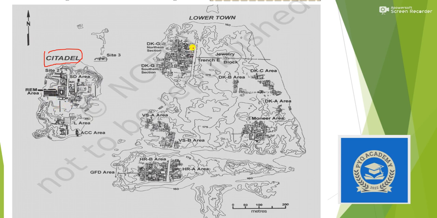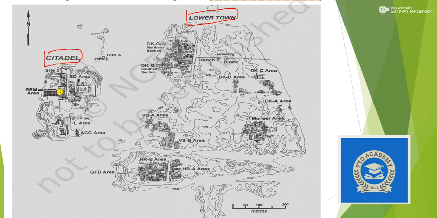The other, in the eastern portion, is known as the lower town, since it is in the lower area, but it is large. So it suggests that common people must have lived in this area, and the Citadel was for some privileged persons, that means the ruling class, it is possible. So what you have to remember is that the Citadel is in the west and the lower town is in the east.